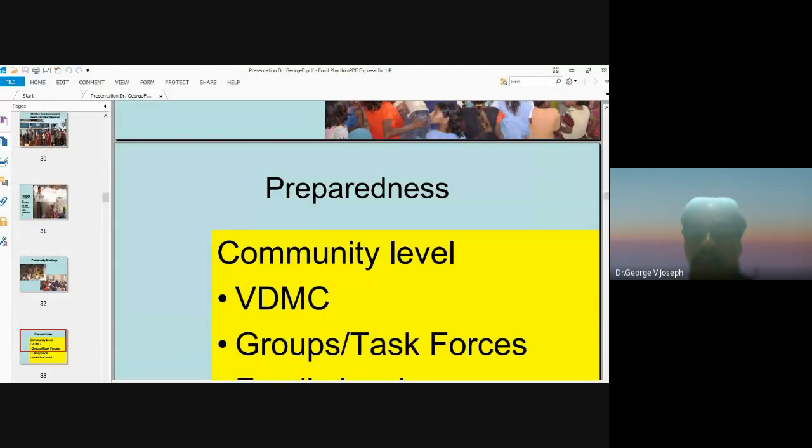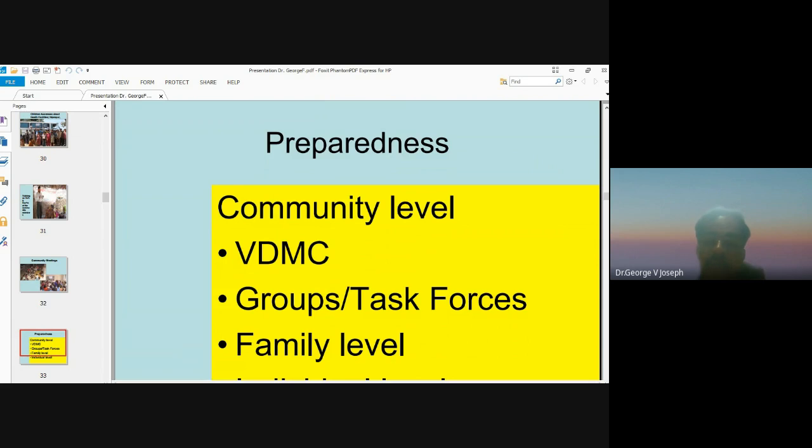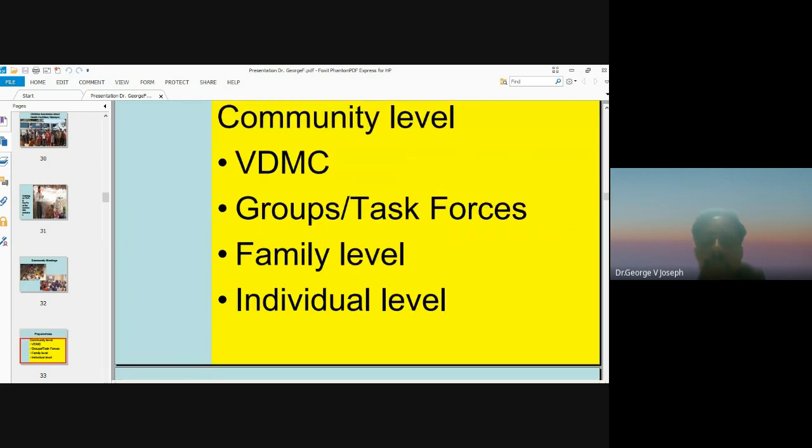We can have community disaster management committees formed. You can also use various task forces in the local community, maybe for early warning, search and rescue, first aid, transportation, or temporary shelter. These can be done at the community level and also at the family and individual level.